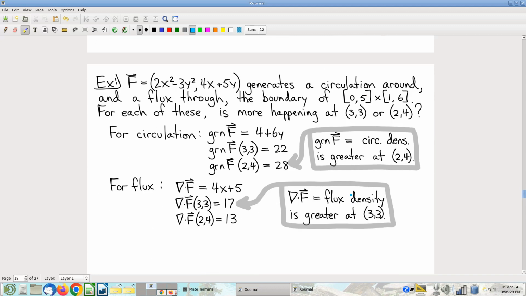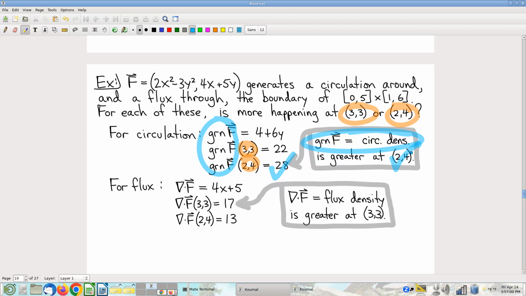And I pointed out that you can likewise do the same with our other densities. For circulation, Green's operator is the density. And so if you're interested, between these 2 points, 3, 3 and 2, 4, and we did these examples before, so I'm rushing through this. If you want to know where there's more circulation happening between these 2 points, look and see where Green's operator is greater. That's the one where more stuff is happening.